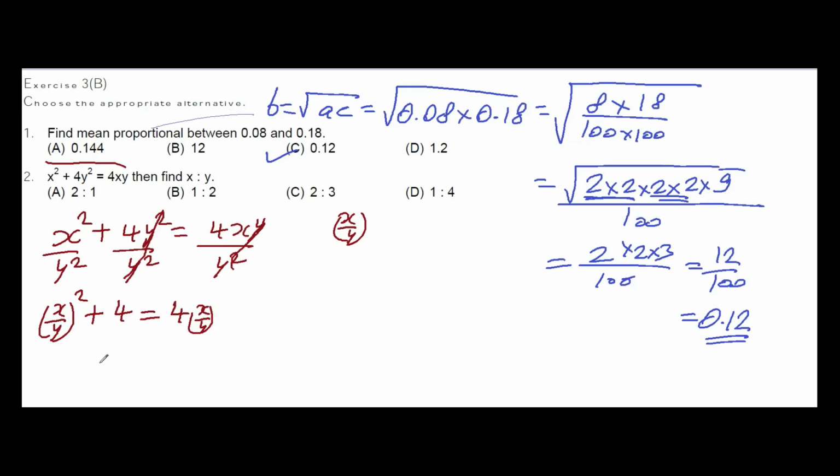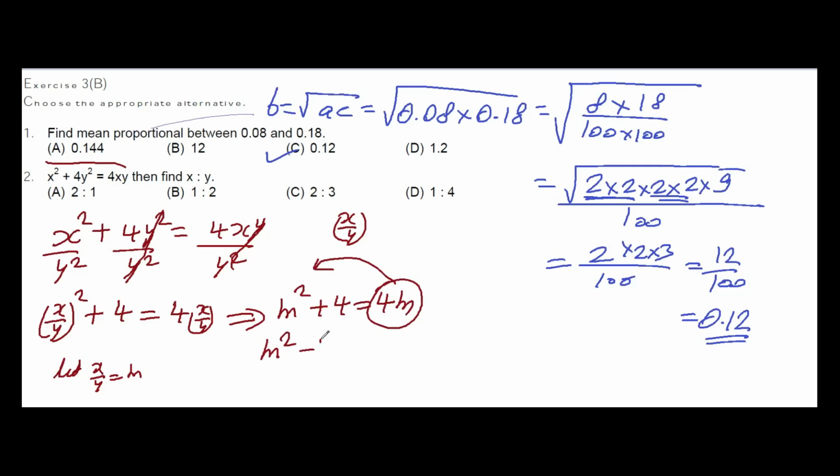So now I can assume, let x by y be some variable, say m. So I can write this as m square plus 4 is equal to 4m. This I will transpose here. So I will get m square minus 4m plus 4 is equal to 0.